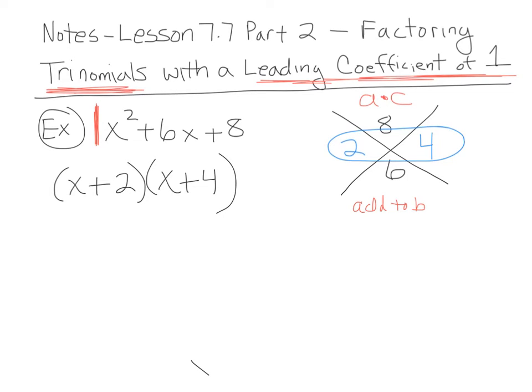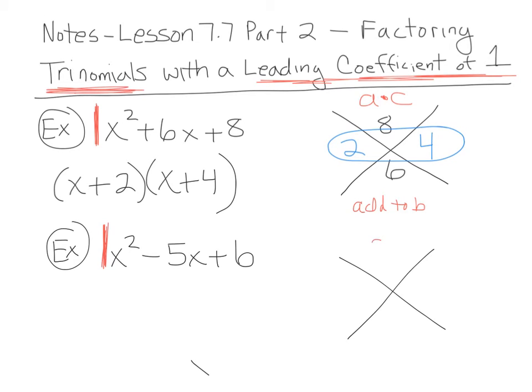All right, let's try another one. Another example. Let's go with x squared minus 5x plus 6. Okay, this one has a leading coefficient of 1. It has to have a leading coefficient of 1 to take this little shortcut. Okay, so here we go. Use an x if you want. I think it might help.